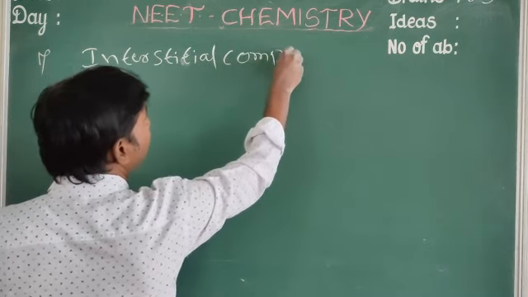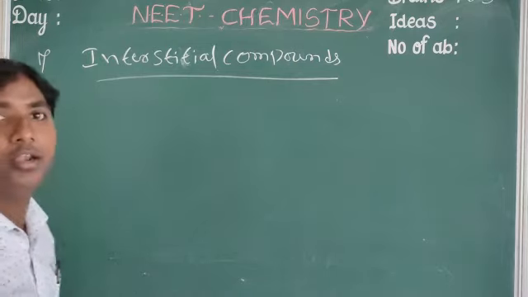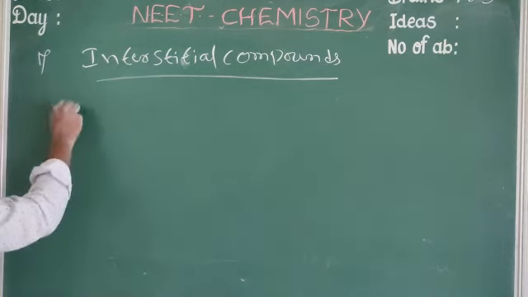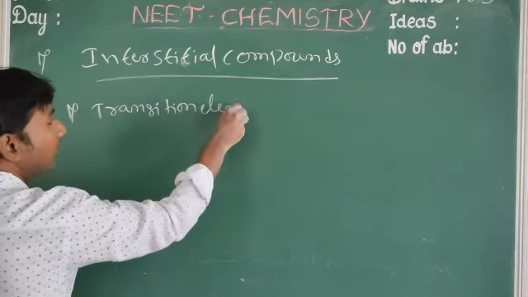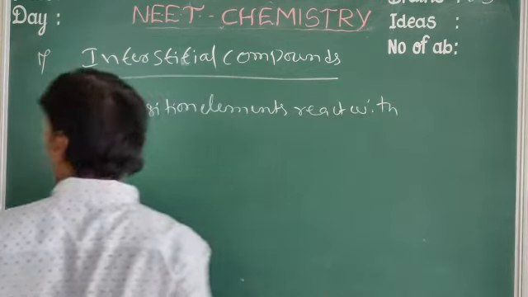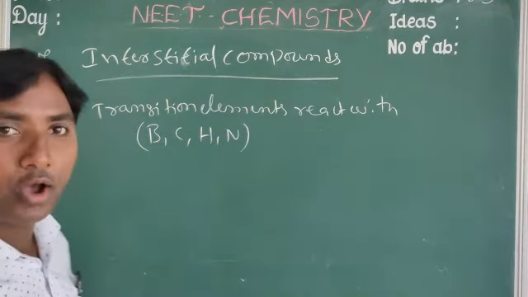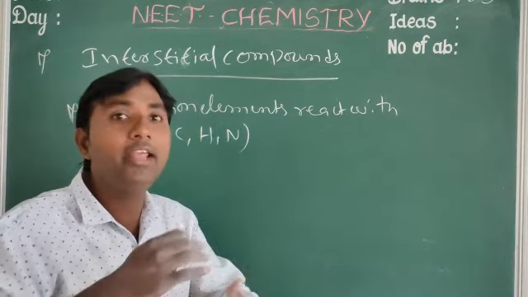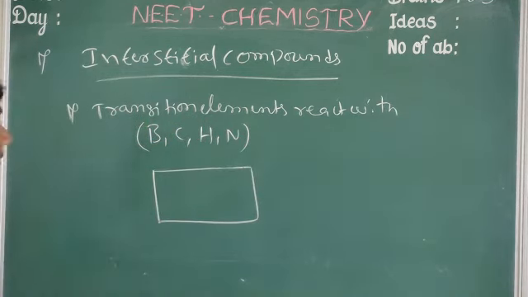Transition elements react with small atomic size elements, boron, carbon, hydrogen and nitrogen, to form interstitial compounds. What do interstitial compounds mean? For example, this is any transition element crystal.